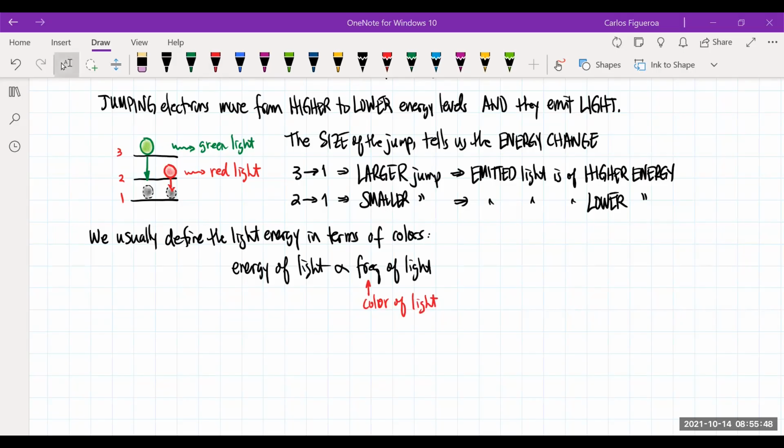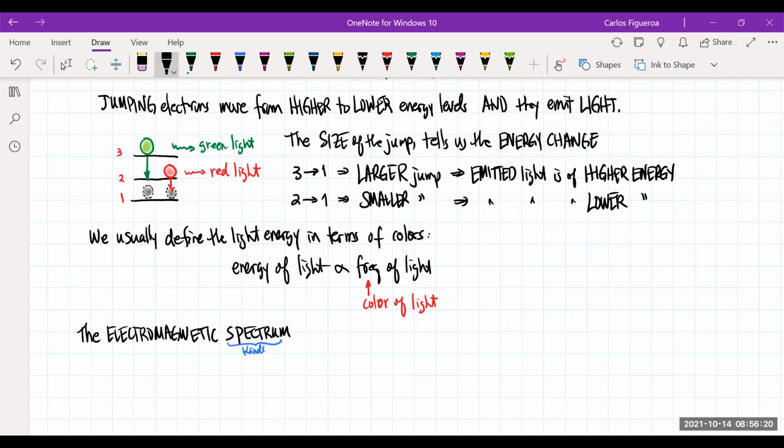We're only going to deal with the visible spectrum, but I should say here that the electromagnetic spectrum, and spectrum is just a fancy word for what? The kinds of light.